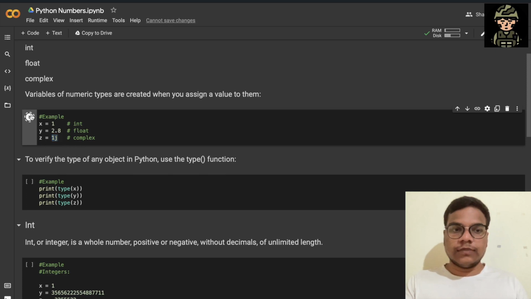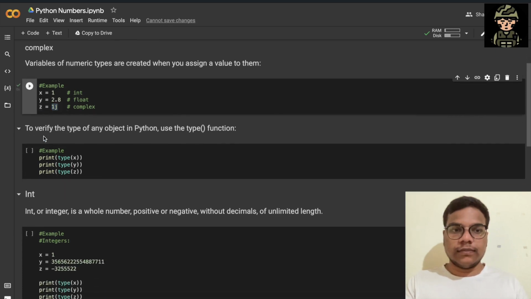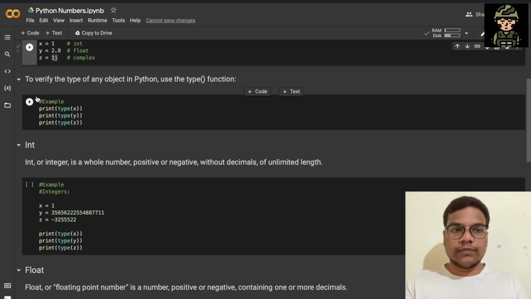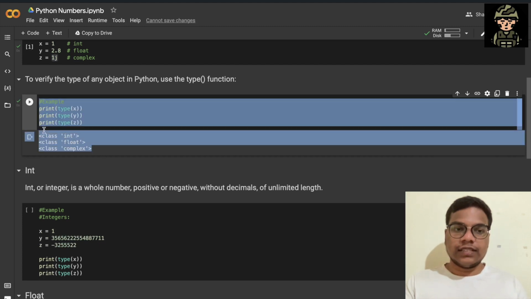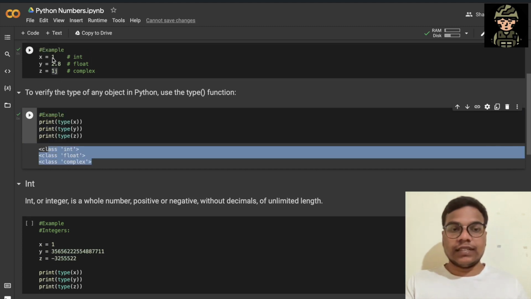So I'm just going to run them. Here I'm going to use the type function which we discussed in our previous video. With the type function you will get the data type of that particular variable. As you can see, the first one is of type integer, the second one is of type float, and the third one is of type complex.